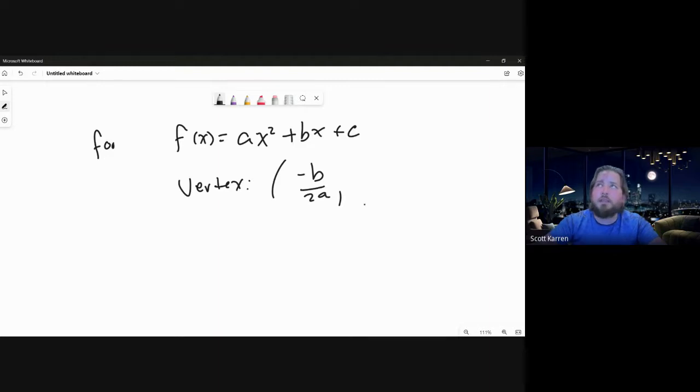And then the function evaluated at that point is going to be the y value of your vertex.